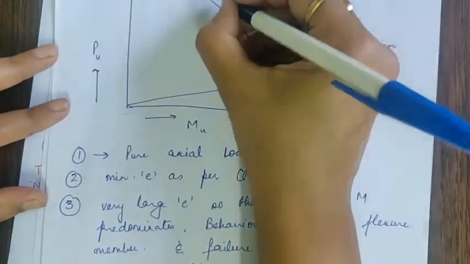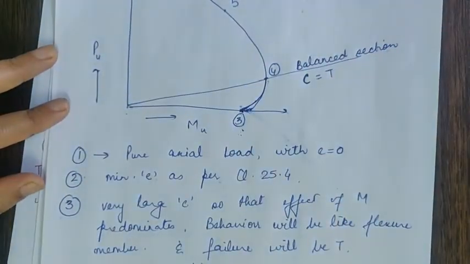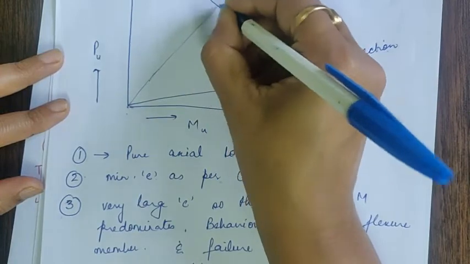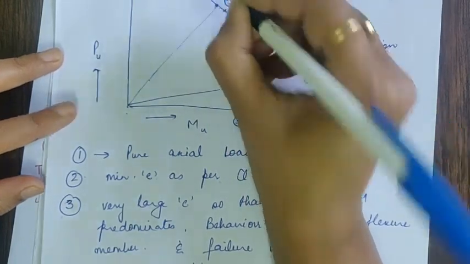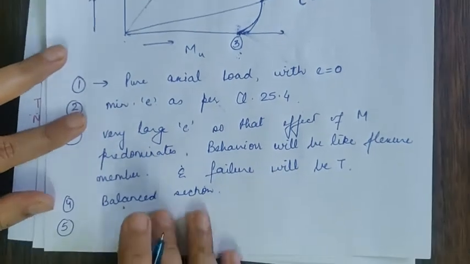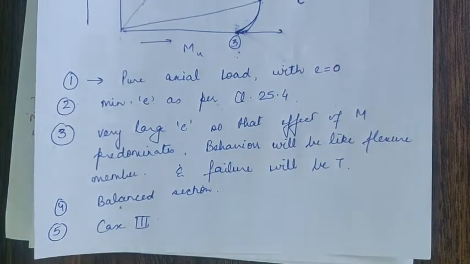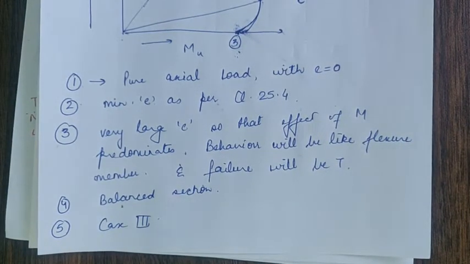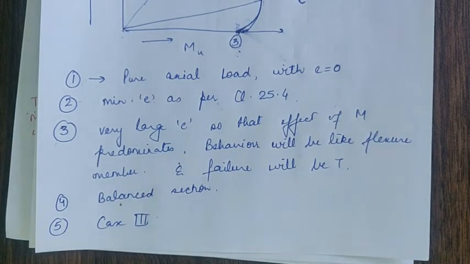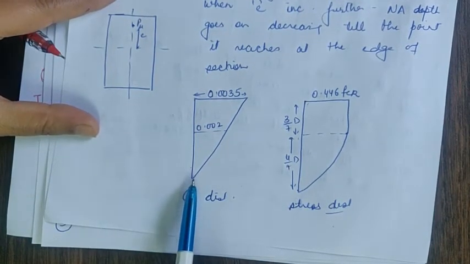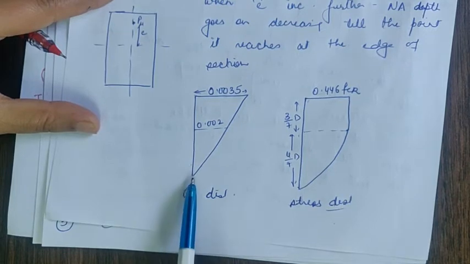Okay? Now there is another point that is important, point number 5. This is point number 5. So point number 5 corresponds to case 3. Case 3, what was case 3? Case 3 was when there was no tensile stresses, but at one edge the strain was 0.